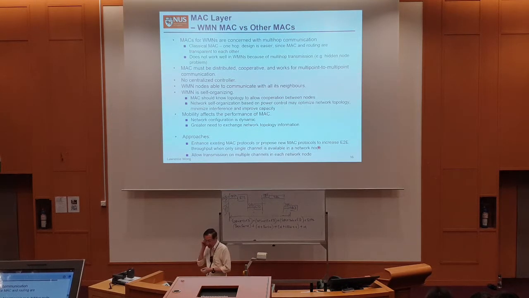They are not particularly good at dealing with these additional requirements. Classical MAC protocols are typically only one hop, but now we're dealing with multiple hops. And because we want a system which is self-configuring, there must be additional features inside for that self-configuring capability to be implemented.